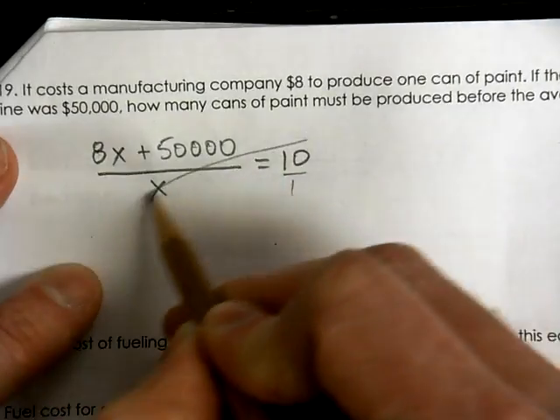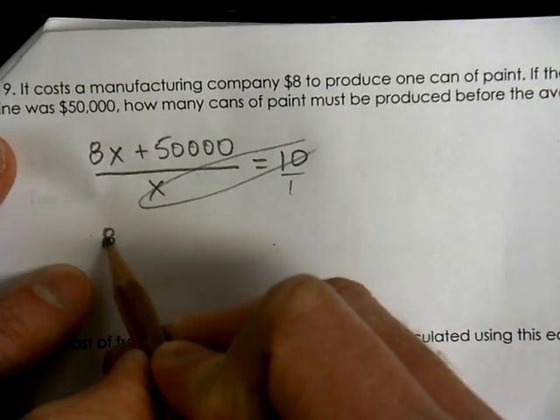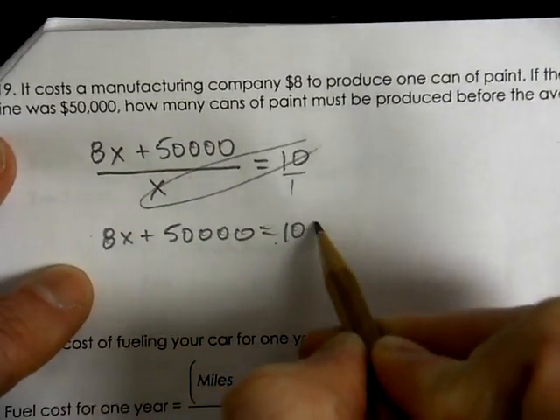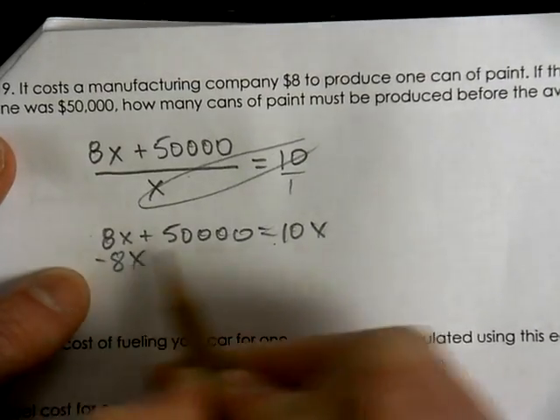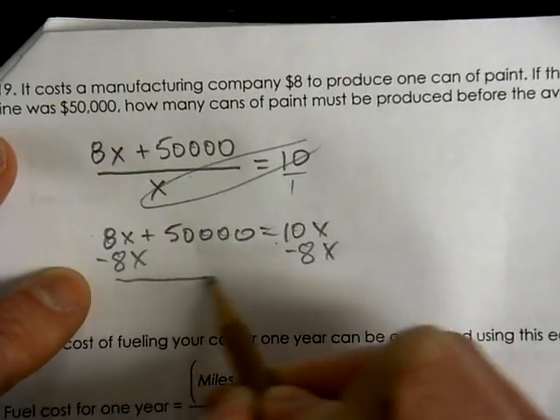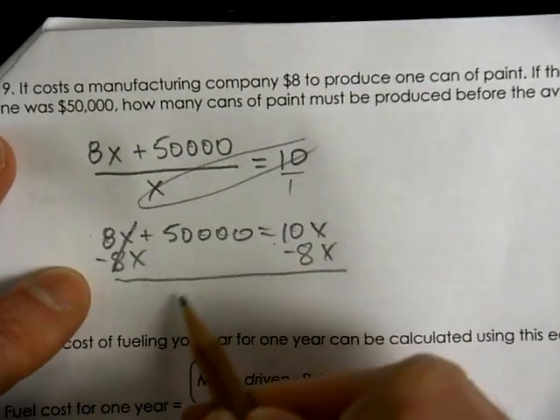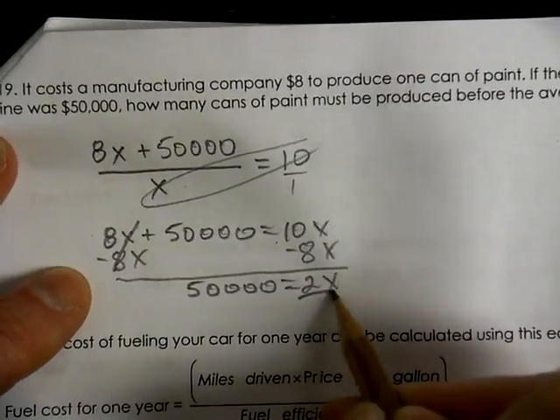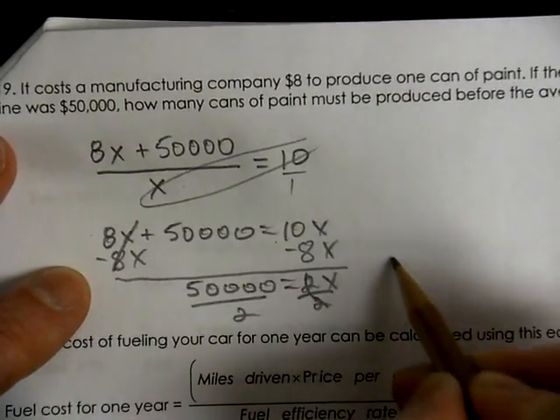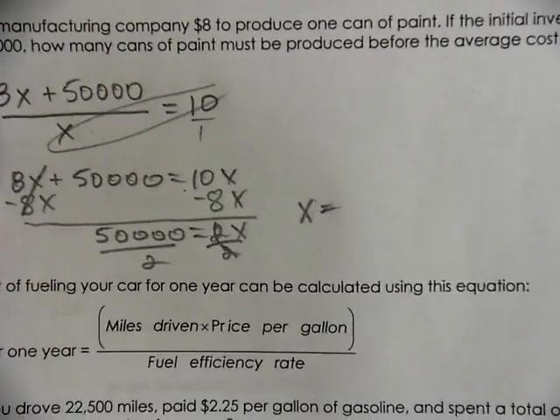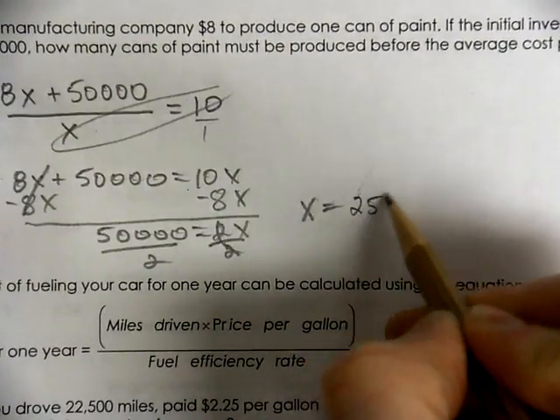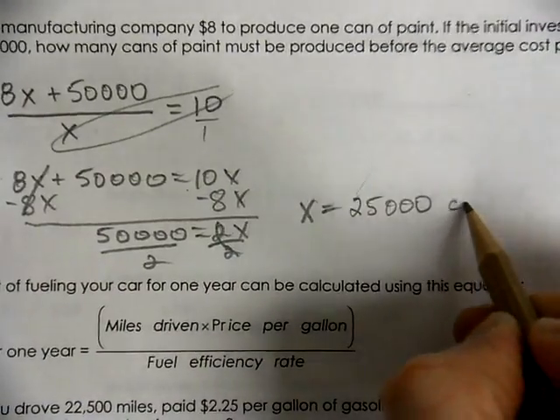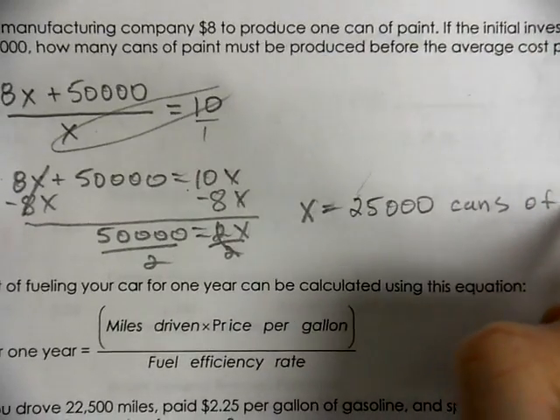So, over 1, and we cross multiply. We need to make 25,000 cans of paint.